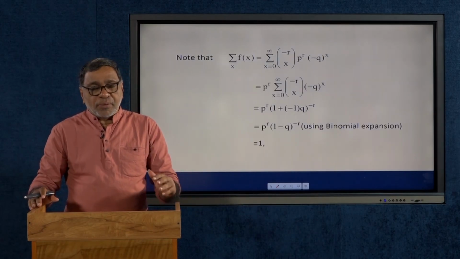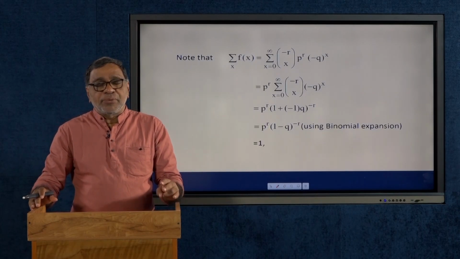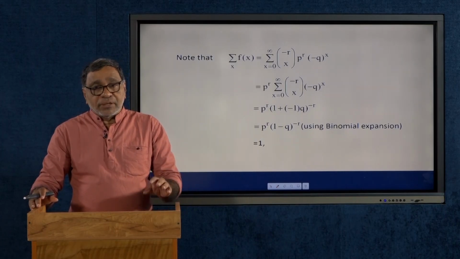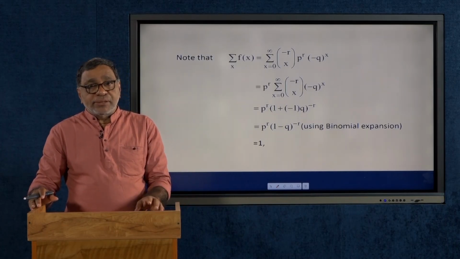So, the negative binomial distribution probability mass function can be represented in different ways.